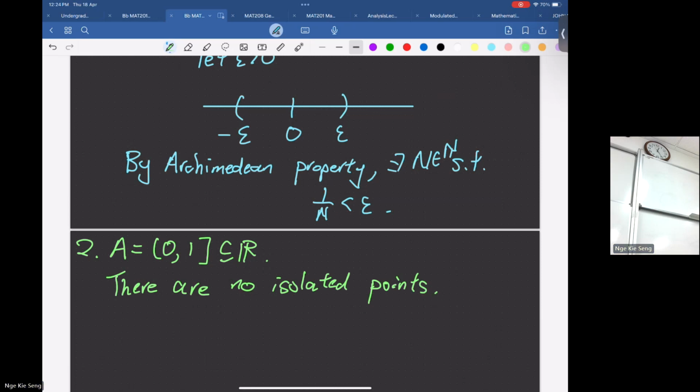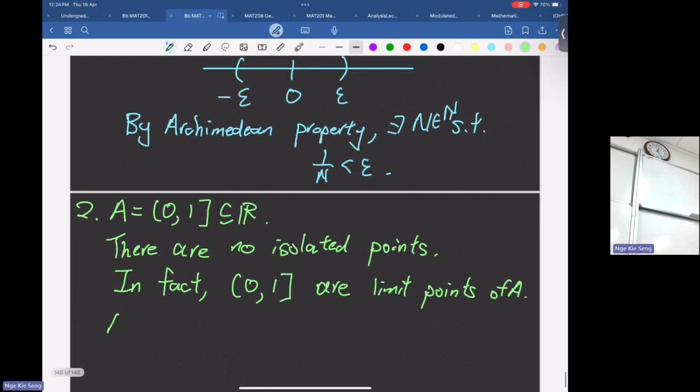In fact, every point of the half-open interval, open at 0 and closed at 1, is a limit point of A, and the set of limit points is actually the closed interval 0 to 1.